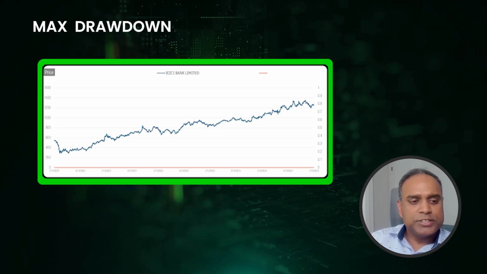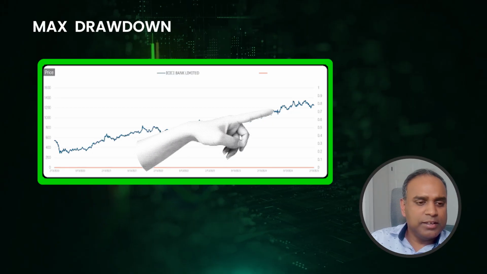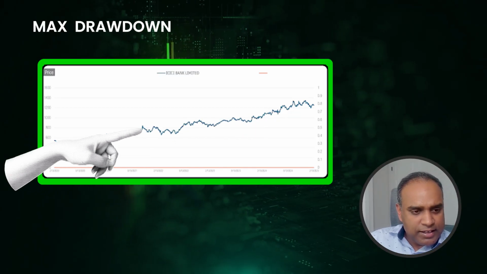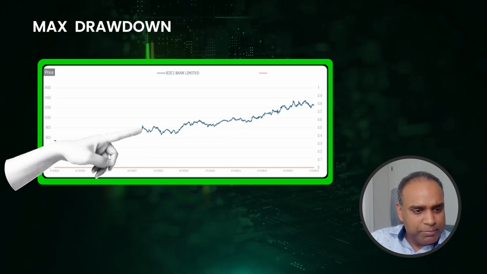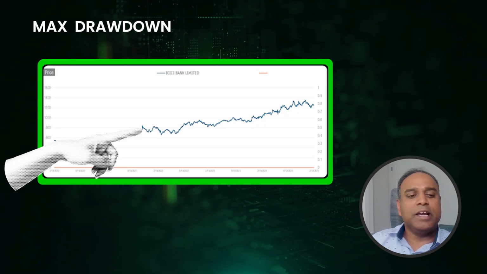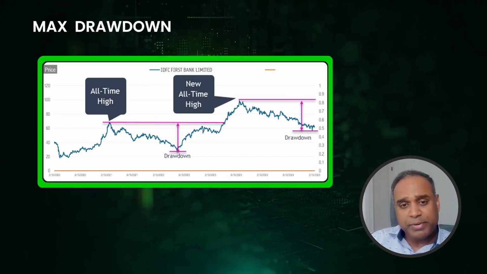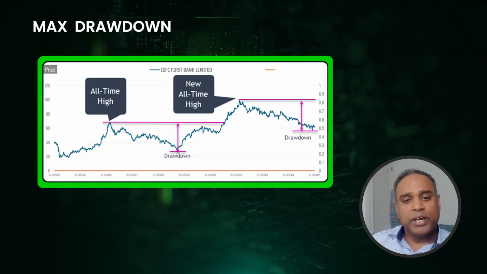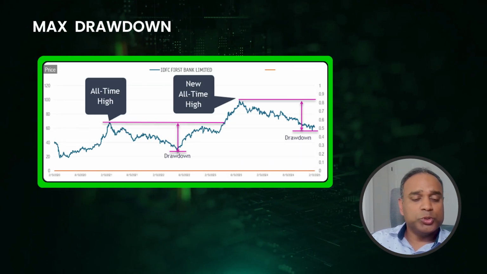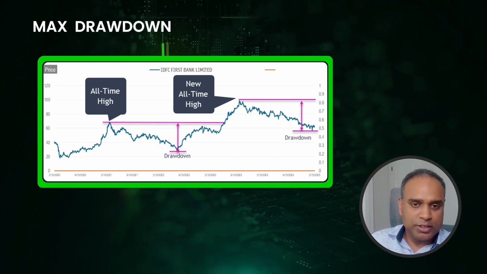If you look at their price chart in the bottom left here, you see that, yes, they've been increasing, but their declines are reasonable. At any point of time where there is a decline in price, it doesn't have the steep decline that some of these other bank stocks have. And that is why ICICI shows up as one of the top performing stocks in terms of the maximum drawdown metric.